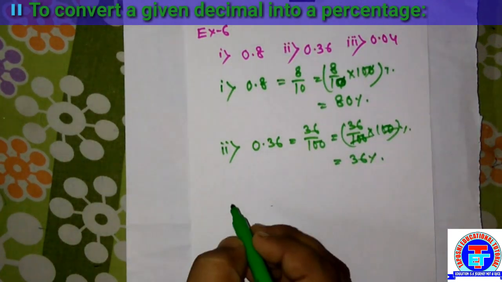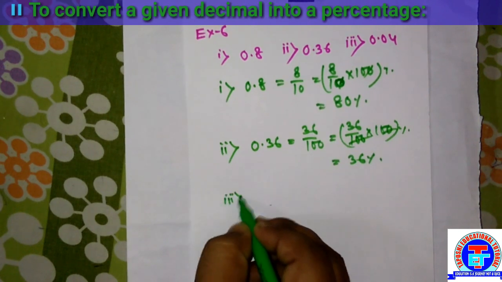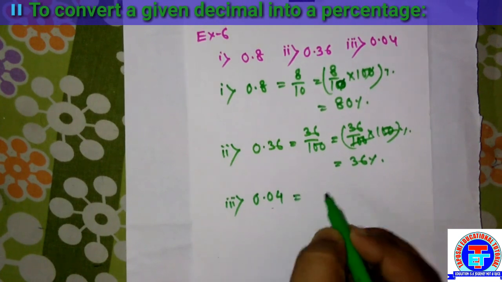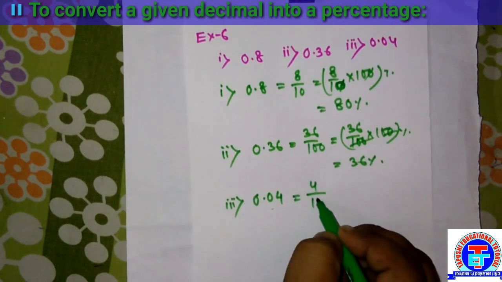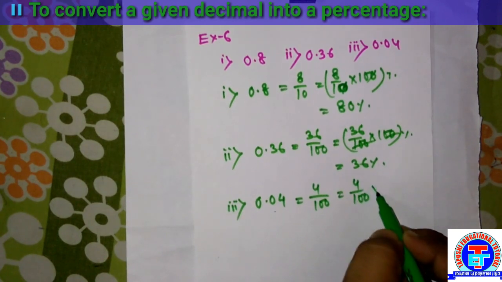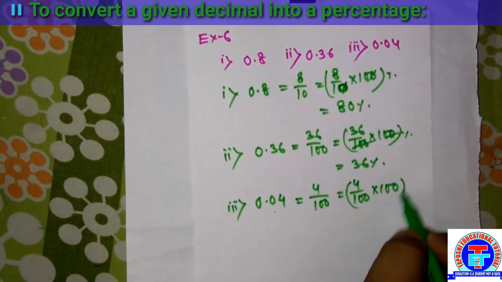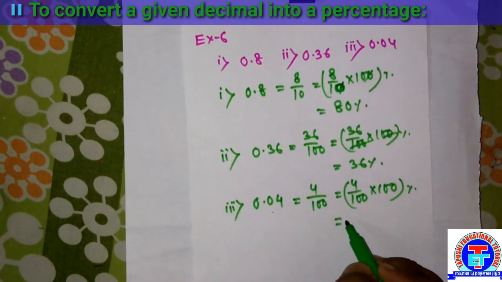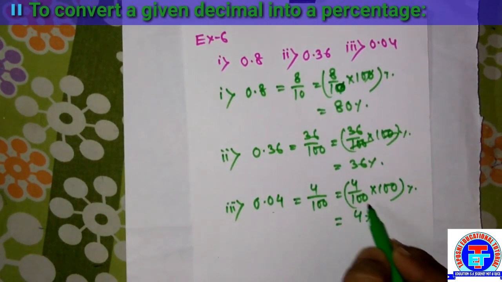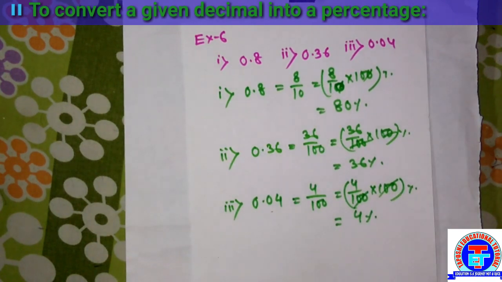Another is given here, number 3, 0.04 is equal to 4/100, equal to 4/100 into 100 percentage. That means the answer will become 4 percentage. 100 cancels here. I hope you clearly understood, right student?